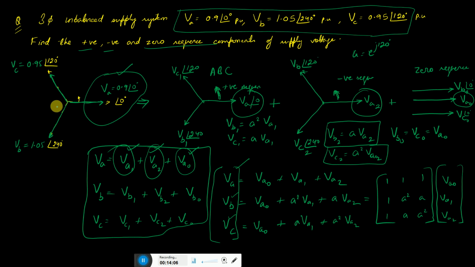But if there is an unbalance, apart from positive sequence we will have negative sequence and zero sequence, which is very dangerous, because the negative and zero sequences do not help in giving proper torque to the induction motor or fruitful work. Negative sequence gives distortion, and zero sequence gives nothing. So these cause a lot of losses in the system.